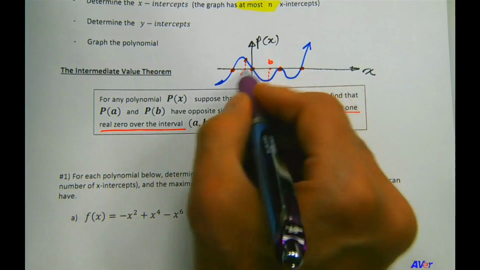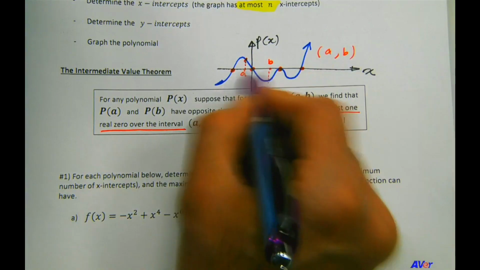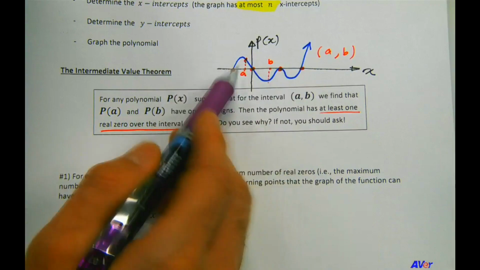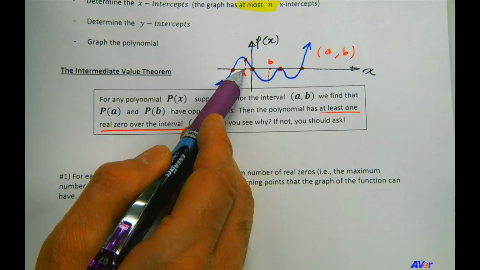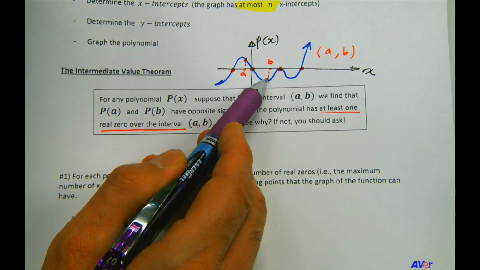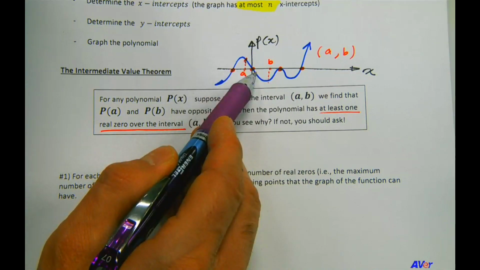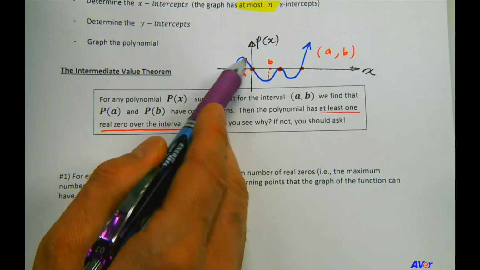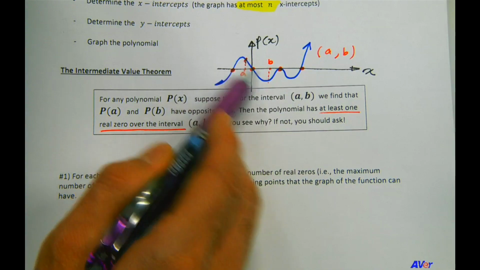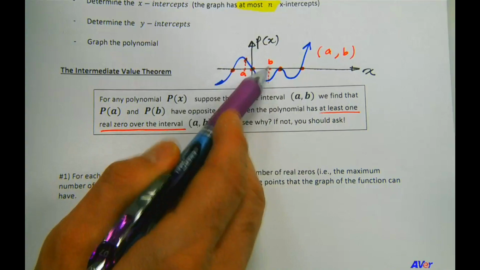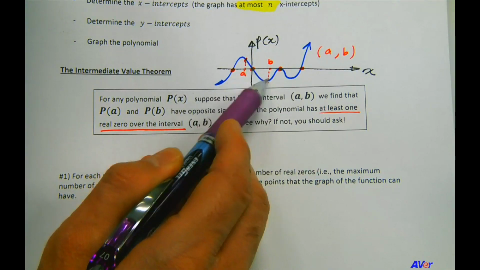That means if AB defines some interval A comma B, and the polynomial changes function value when you evaluate it at A and at B, going from positive to negative, we can tell from the graph. The value of the function at A is positive because the graph is above the x-axis. And p of B is going to be some negative number because the graph is below the x-axis.